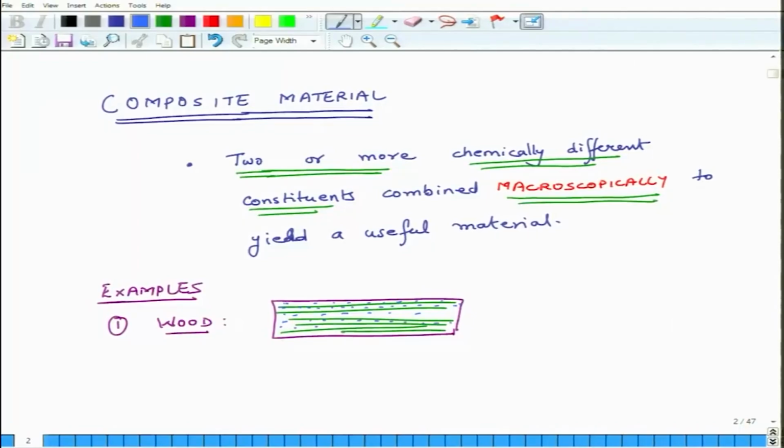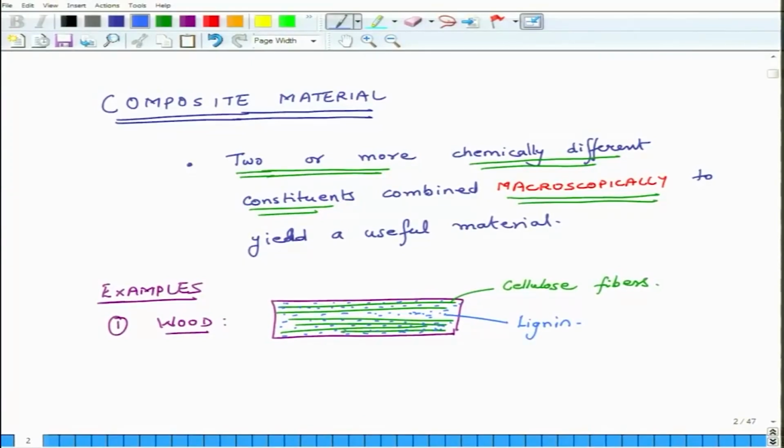So, they are bound in a sea or in an ocean full of some resinous material, okay? And these fibers are cellulose fibers, and this resin which fills up the entire area is called lignin. So, they are again chemically different materials.